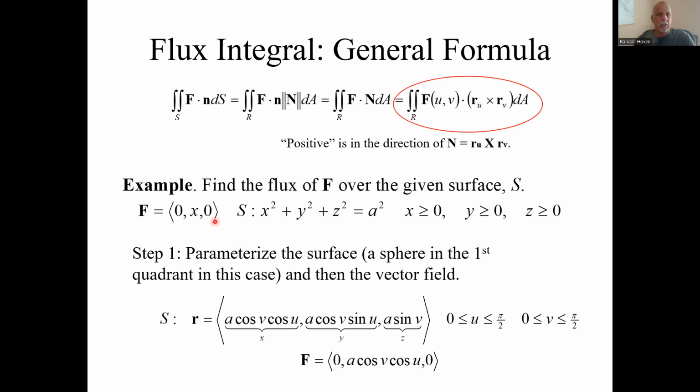So here's the example. Our vector field looks easy enough: 0, x, 0. The surface is a sphere of radius a, but only in this one octant where all x, y, and z are positive. Well, step one is to parameterize. And we had a way to parameterize a sphere.